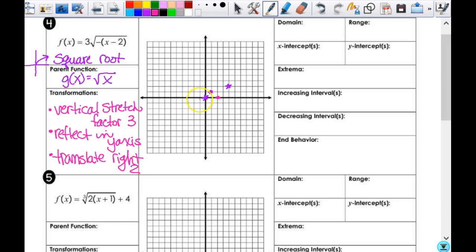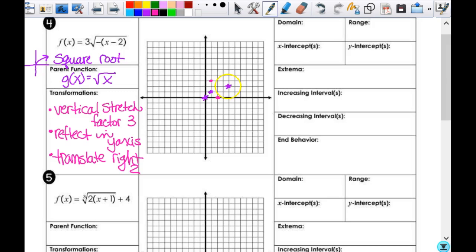Then I go to 1, 1. Vertical stretch of 3 on the y. So this now becomes 1, 3 instead of 1, 1. Then I'm supposed to reflect it in the y-axis and translate right 2. So I kind of reflected and came right back because of the nature of the numbers.